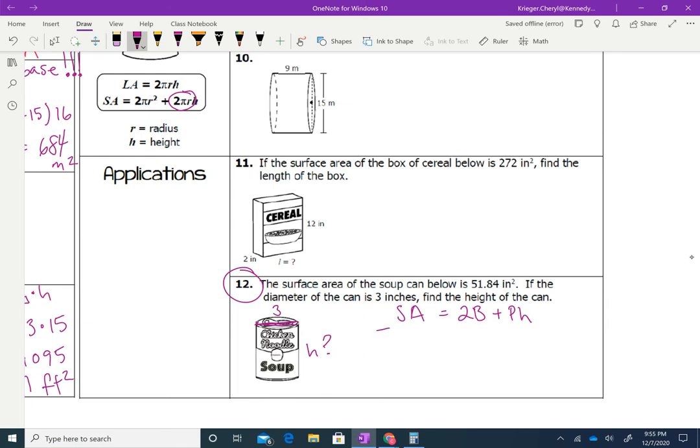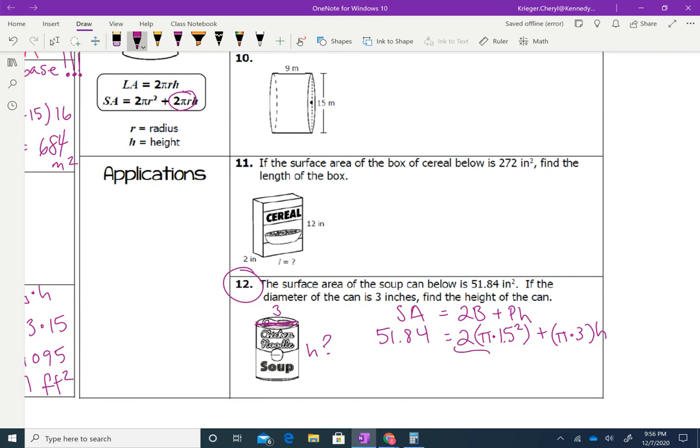And they give us the surface area, 51.84 equals 2, and we know that the base is pi times the radius squared, and the radius is going to be 1.5 squared, plus the perimeter, which is pi times diameter times height.